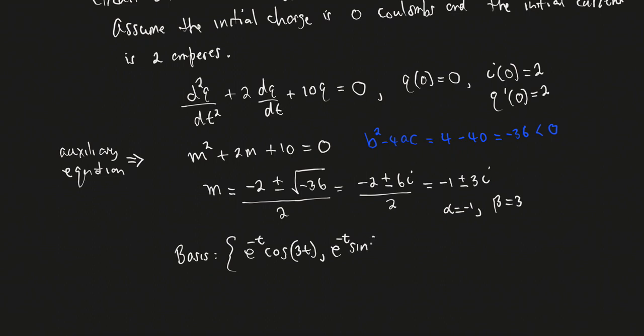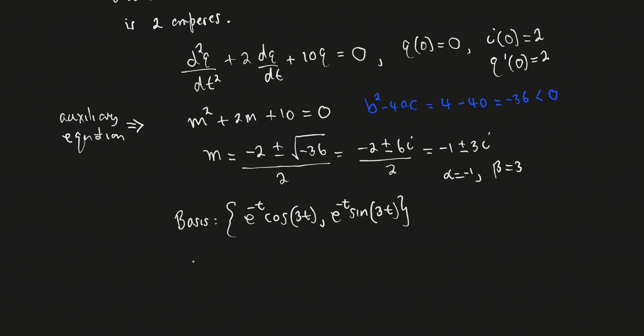These are the two functions that span all the possible charge functions that would satisfy this differential equation. So let's write down our q of t in general form. Let's factor out the e to the negative t, and then we'll have c1 cosine of 3t plus c2 sine of 3t. So this is our general charge.